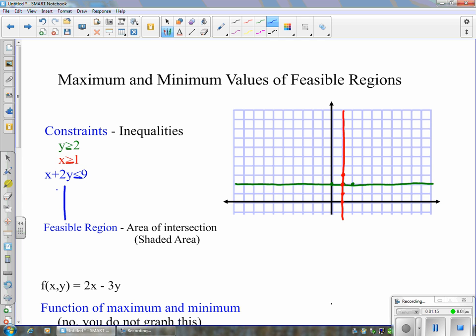And lastly, x plus 2y is smaller than or equal to 9. Again, this is standard form, so you may need to figure out where your intercepts are. When x is 0, I put 0 in the x spot, which means I'll have 2y is equal to 9, divide by 2, and you get y equals 4.5.